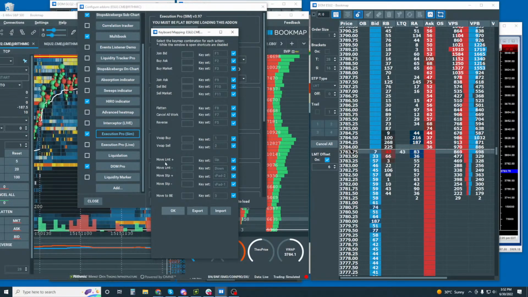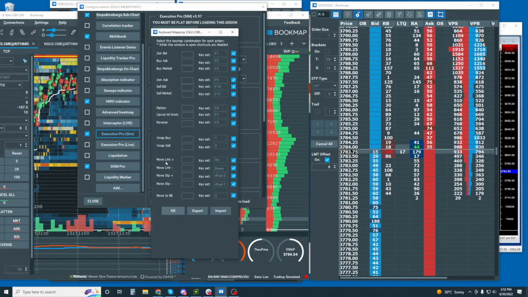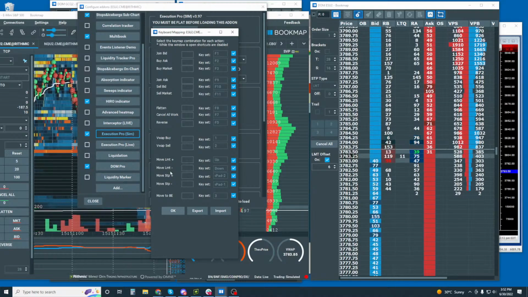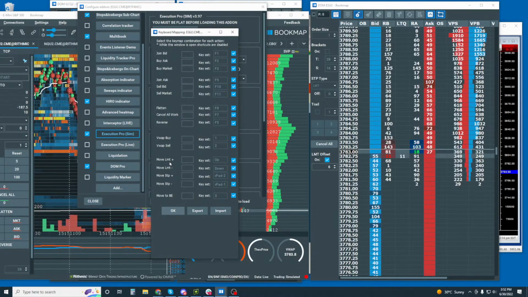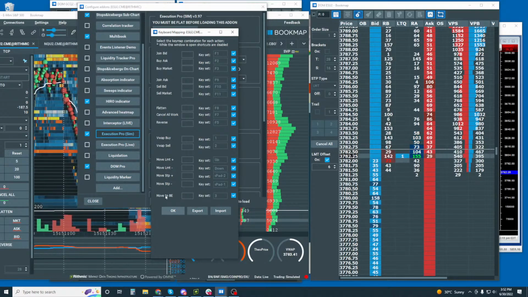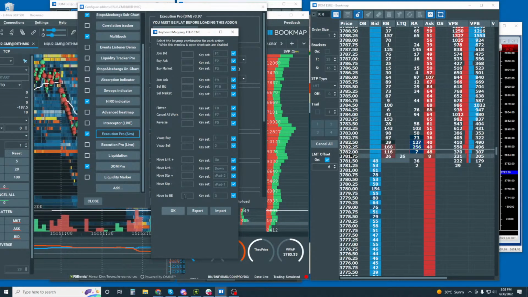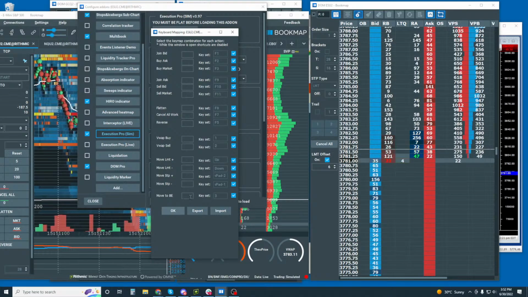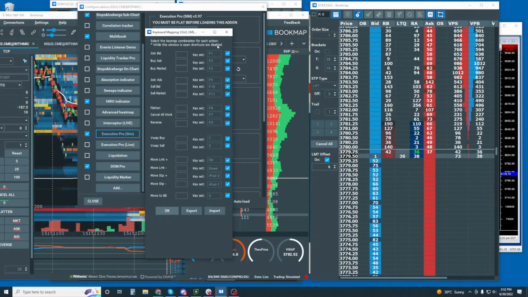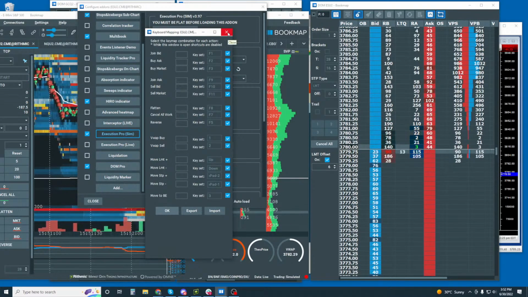Then I wanted to show this one here to move up and down with stops and or limit orders. This one's also really nice to move to break even right away if you want. Some really nice keystrokes in here to very quickly manage your trades.